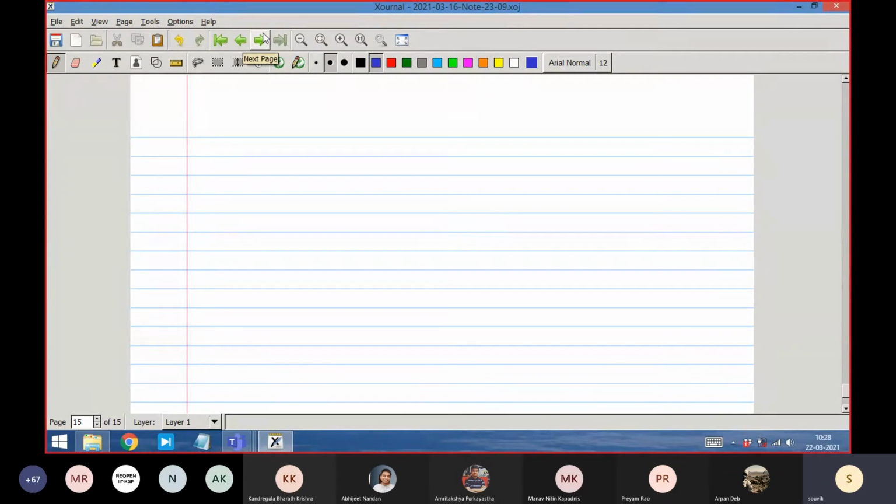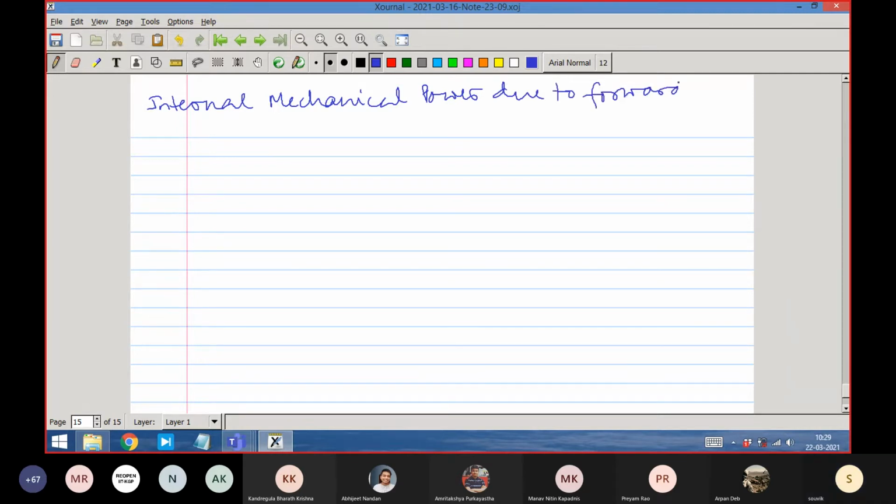Okay, so let me take one problem. But before taking the problem, let me go by our conventional way of looking at what is the air gap power, what is the torque, and let's not deviate from our basic understanding. We should not at any point of time deviate. So what we will write is: internal mechanical power due to forward field is equal to how much?